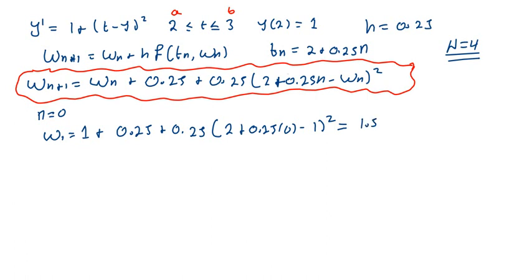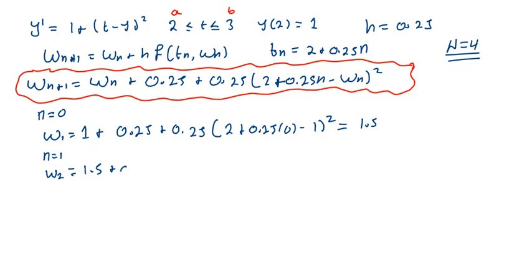Let's go to n equals 1, so this is going to be w2. Here you're going to have w1 because n equals 1, and we have determined that w1 is 1.5.